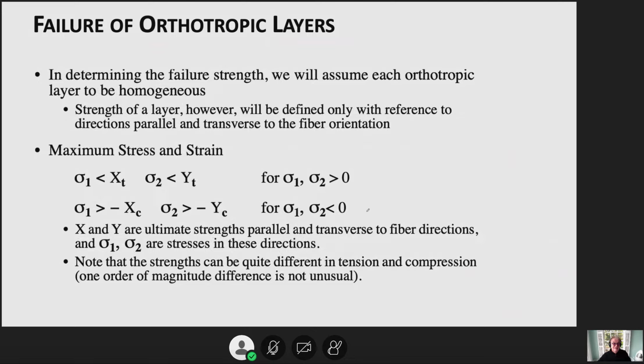We assume everything is homogeneous: matrix is homogeneous matrix, fiber is homogeneous fiber. The strength of a layer will always be defined in reference to directions parallel and transverse to the fibers. And maximum stress and maximum strains are about the principal material directions.